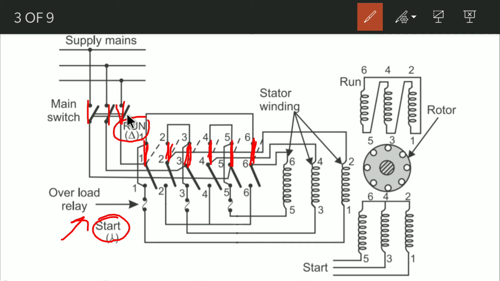Number 1 phase is coming here at the middle terminal. It is connected through this line to 1. Is it okay? And from this point it also connects to the winding number 6 of the conductor.